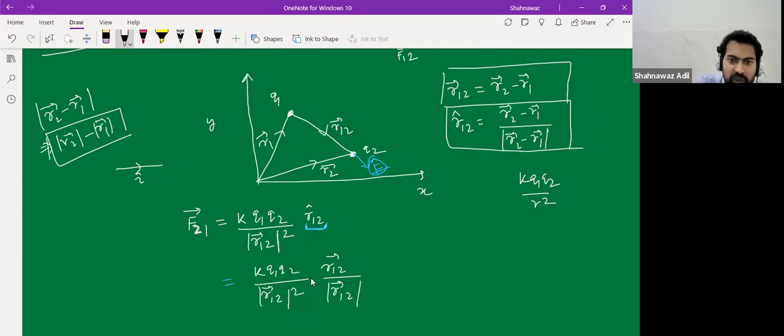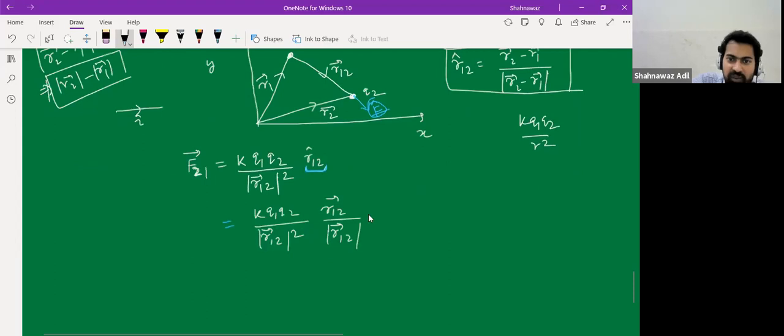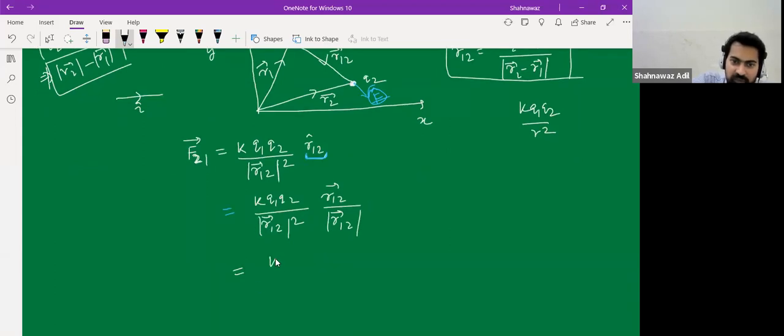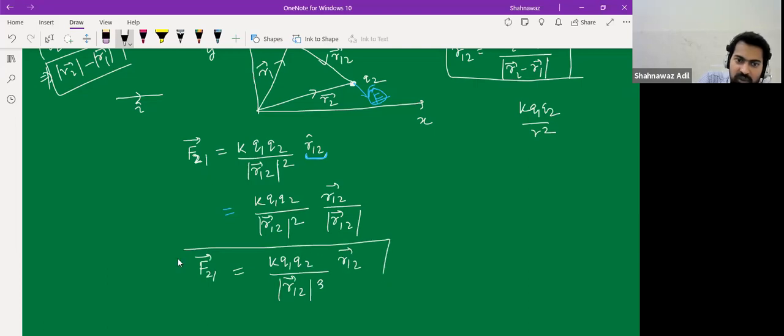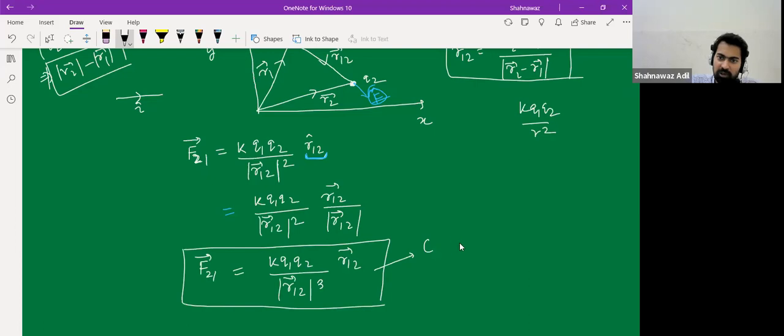So this is square and this is 1, so this would be cube, and this is r12 hat. So this is the force on charge 2 due to charge 1. This is Coulomb's law in vector form. This was easy, right? Please note down this part.